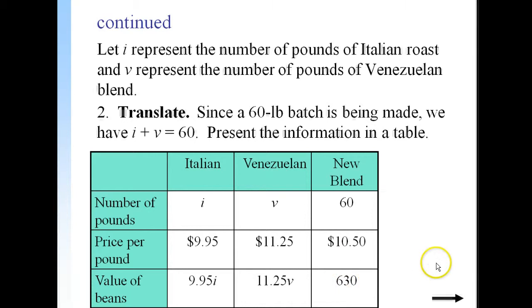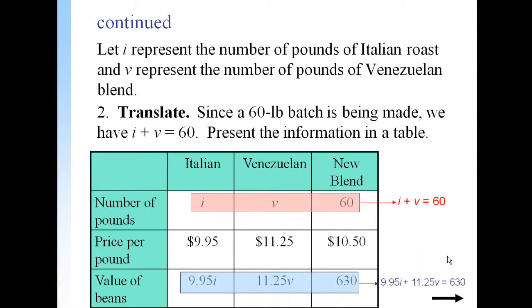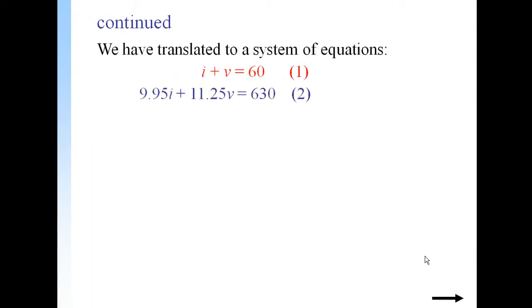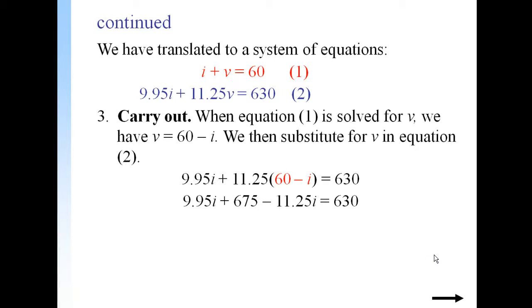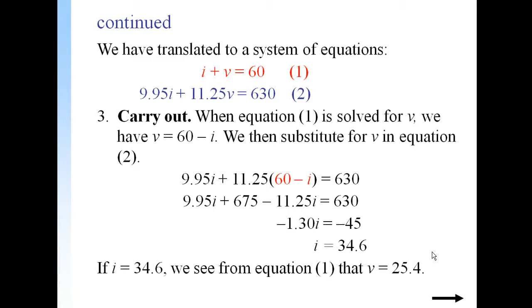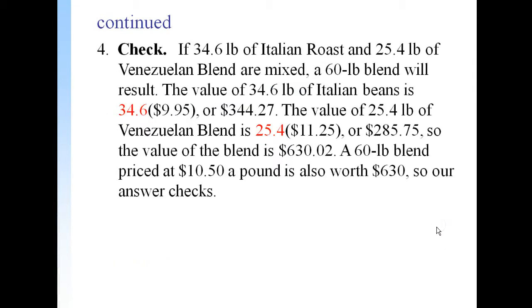So you can write it as that as well. Okay, and they're going to use, I believe, substitution. There they substituted. They didn't get rid of the decimals. Okay, that's another way to do it. I think it's easier if you get rid of the decimals. So we see we're going to need, for the Italian, I guess, and the Venezuelan is the letters they're using, you need this much and this much. And I believe it checks out.